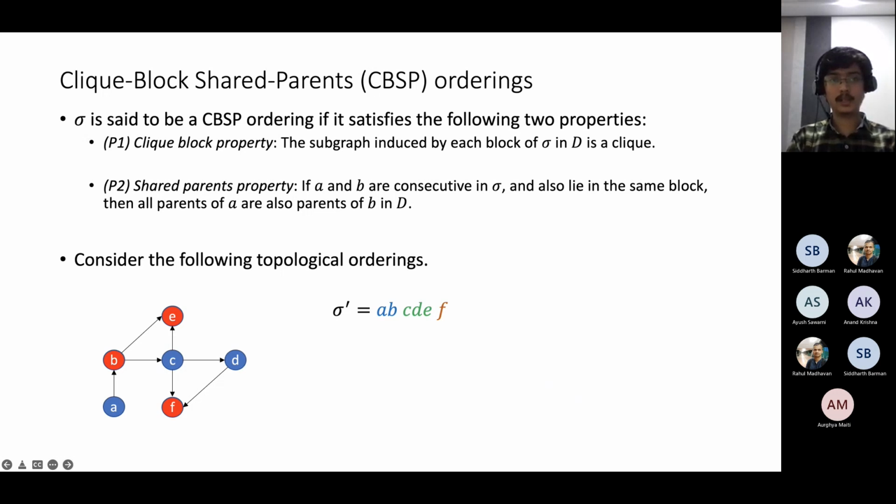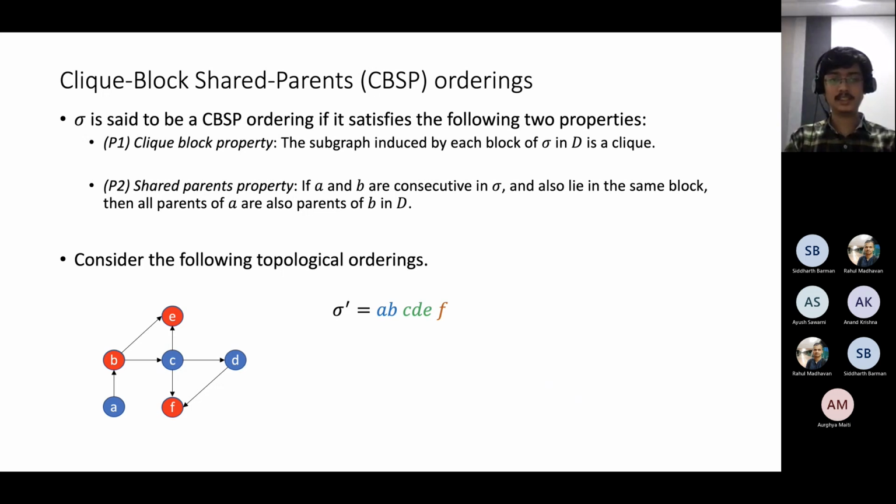Therefore this sigma prime does not satisfy the clique block property, because the subgraph induced by each block of sigma must be a clique if some ordering has to satisfy the clique block property.